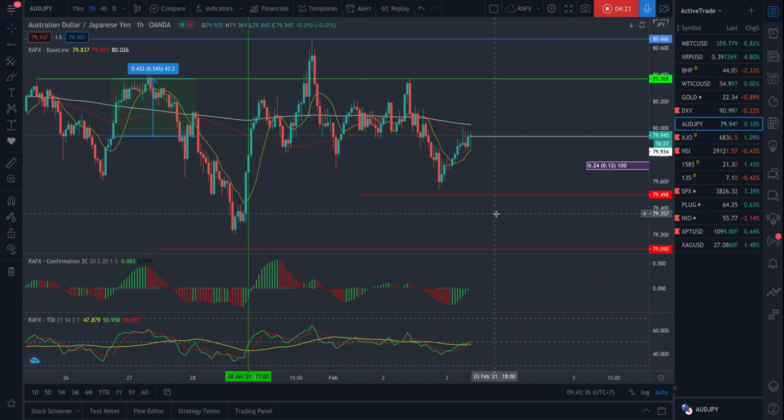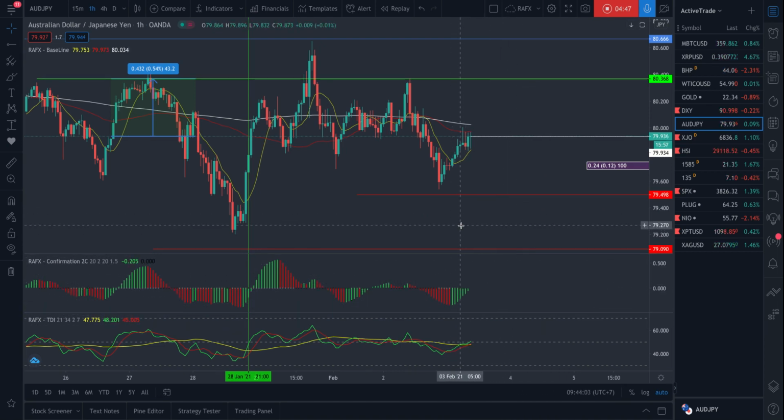A good long for TDI is if the TDI is in the sell zone. The sell zone is, if you see this division, the lower area, and the upper area is the buy zone. And this is almost going to the buy zone.